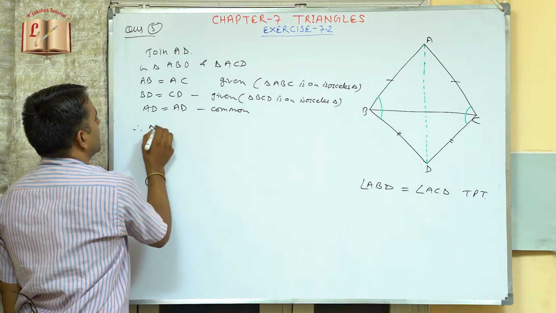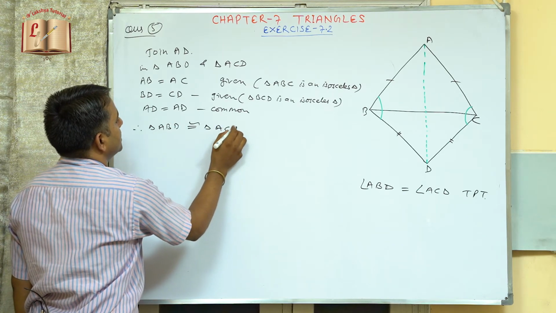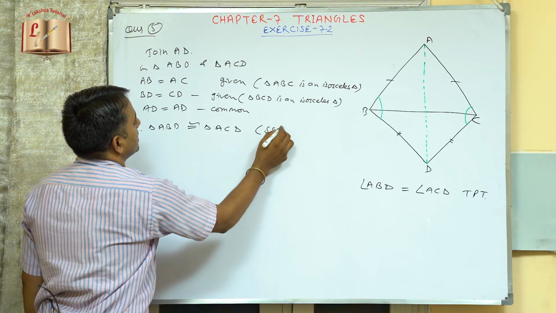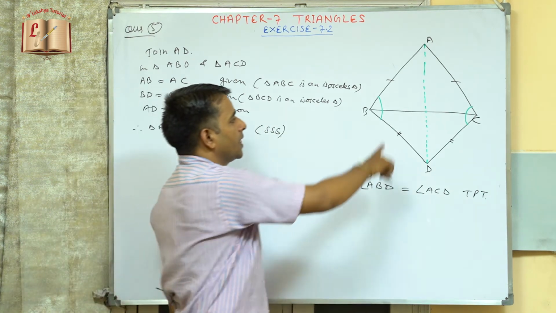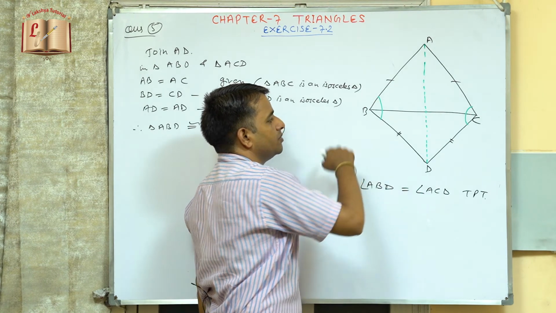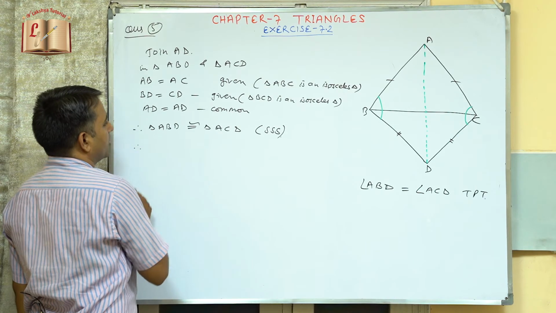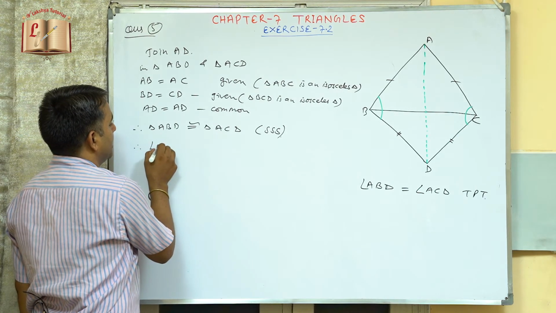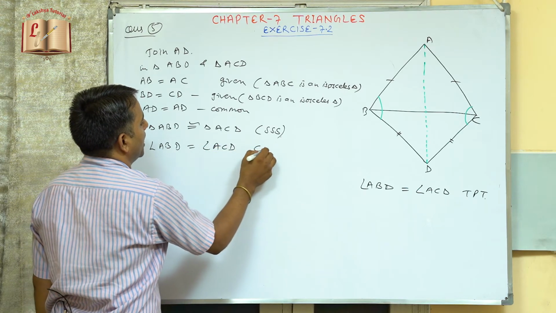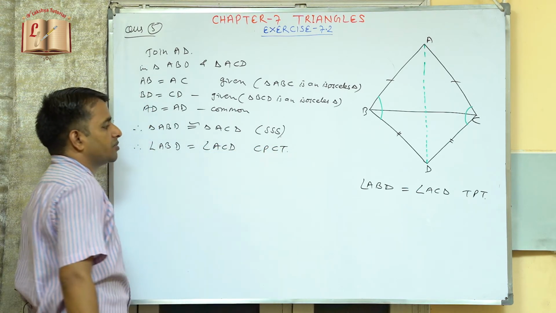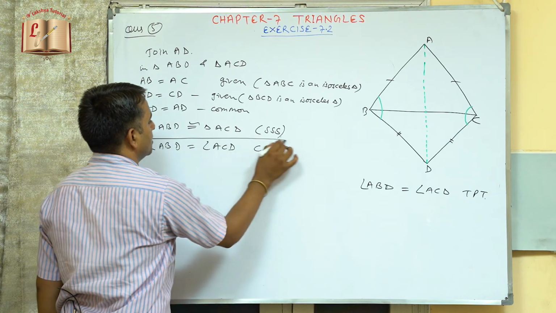Therefore, triangle ABD is congruent to triangle ACD by SSS congruency. SSS means all three sides are equal. Therefore, I can write angle ABD is equal to angle ACD by CPCT, corresponding parts of congruent triangles. So this is now proved.